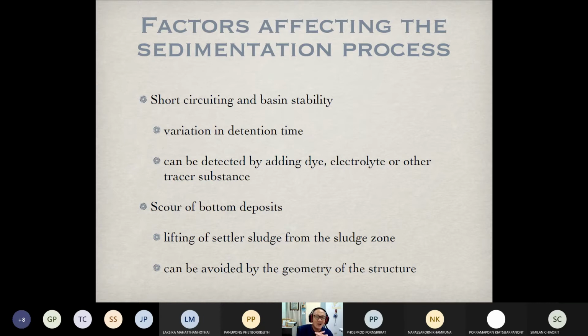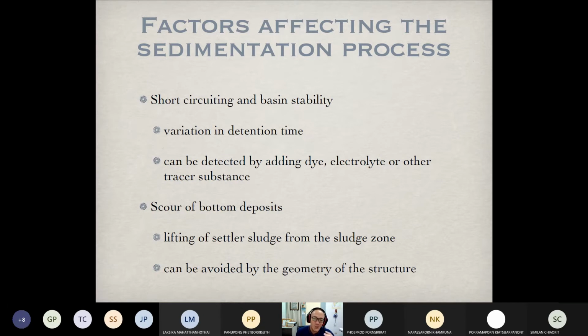This is not only for the sedimentation tanks, but for all the tanks used in water and wastewater treatment plants. I have already mentioned these problems when we talked about the mixing chamber. So we need to prevent the short circuiting. The short circuit, what does it mean?